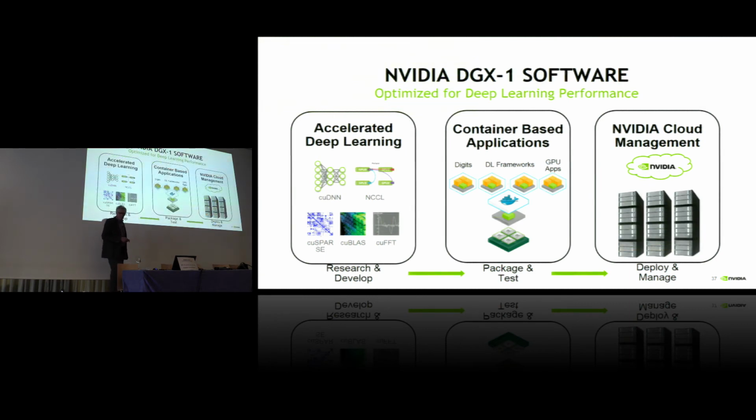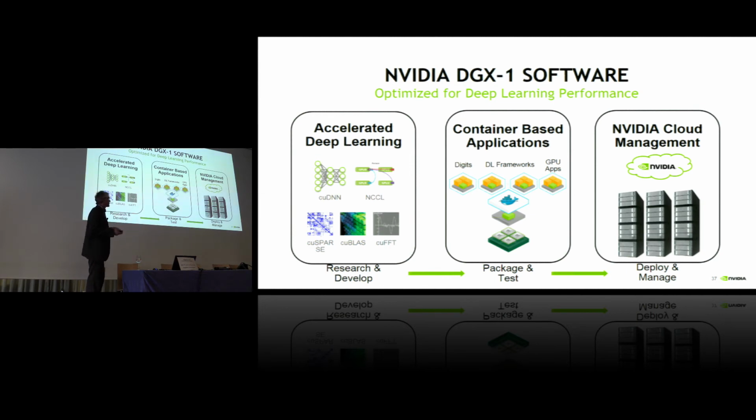On the DGX-1, we have all these different frameworks that I mentioned earlier. So CNTK, Caffe, Torch, Theano, and so on. And we implemented this in a containerized way, with a Docker container, NVIDIA Docker container. So you get all these different frameworks in a Docker containerized environment. And they are, of course, highly optimized, and you can run them immediately. All of this goes under the NVIDIA Cloud Management.